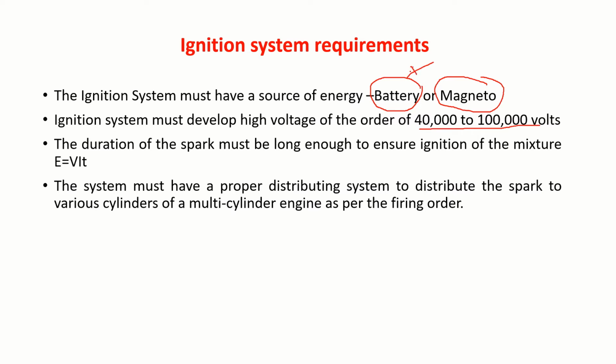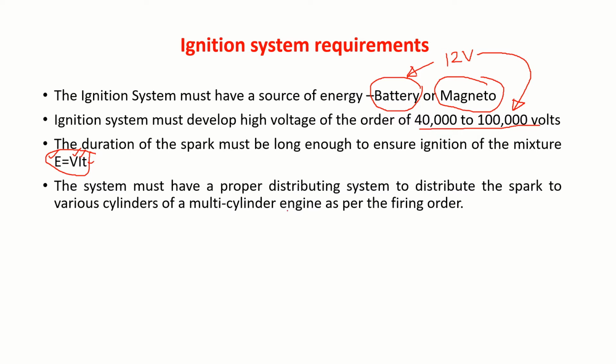Normally you have a 12-volt battery. From 12 volts, we should boost up the voltage to this value, so that it should be able to supply that amount of energy in a fraction of a second. And that energy we can give by the formula like this: E = V × I × T, where E is the energy, V is the voltage, I is the current, and T is the time for which the spark lasts.